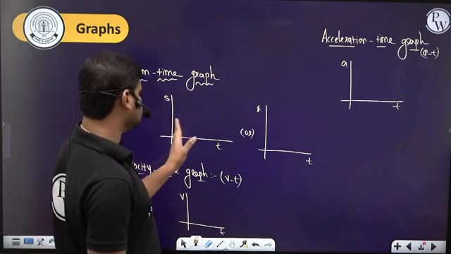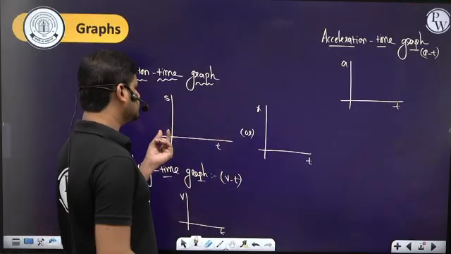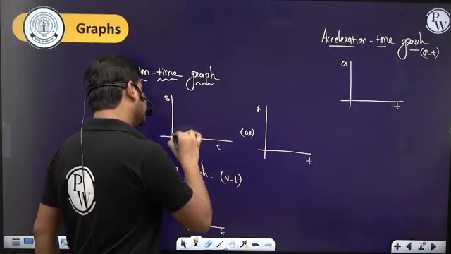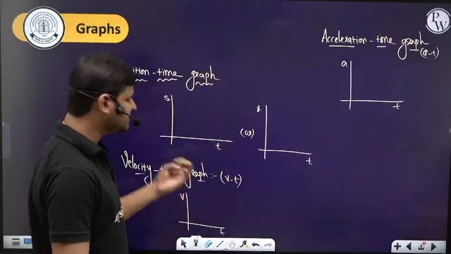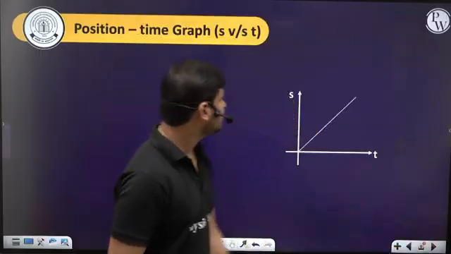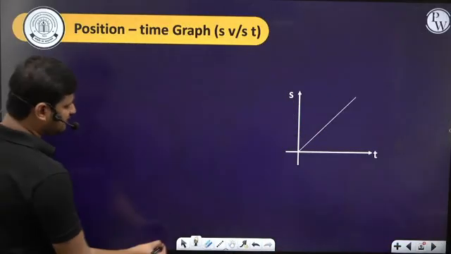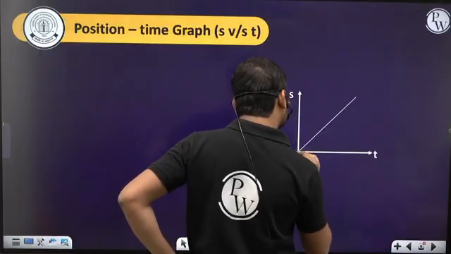For different curves, what if the line is straight? What if the line is passing through the origin as a straight line, or if it is concave downwards or concave upwards? All these analyses we'll study now. Clear? First let's go for the position time graph, the S versus T graph. Let's suppose this is the origin.